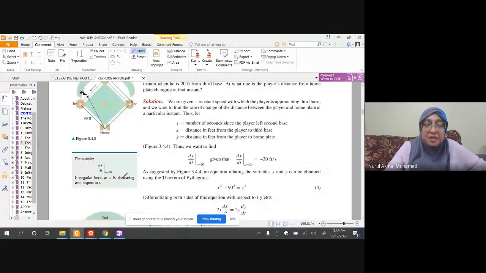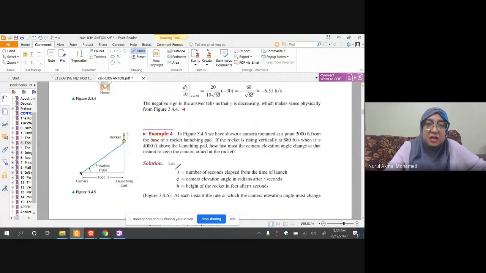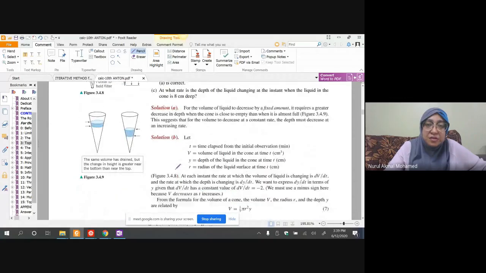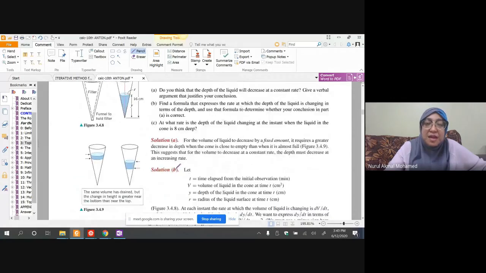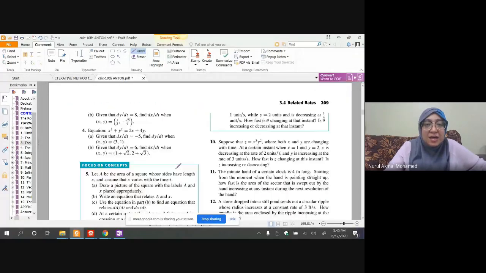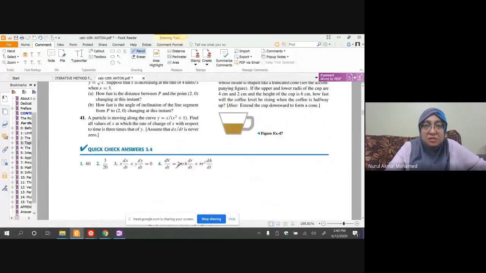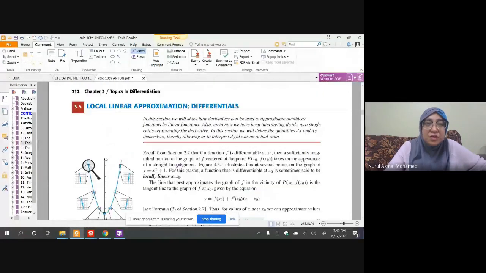I think all the other examples, example 3 and 4, you can do at home, and they still use the chain rule, just the application of the chain rule that we have learned before. Okay, let's continue with the local linear approximation.